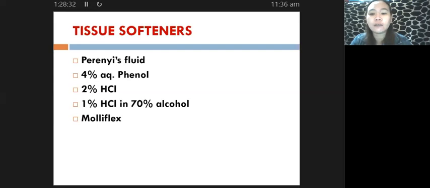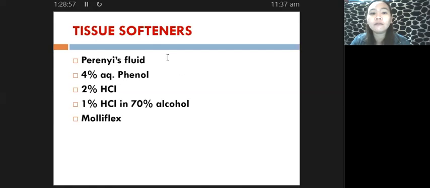So what are the different tissue softeners that we can use? We can use Perenyi's fluid as a tissue softener. In particular, tissue softening using Perenyi's fluid is performed by immersing your decalcified tissue samples in Perenyi's fluid for 12 to 24 hours.